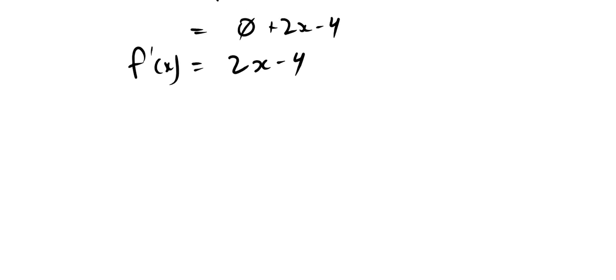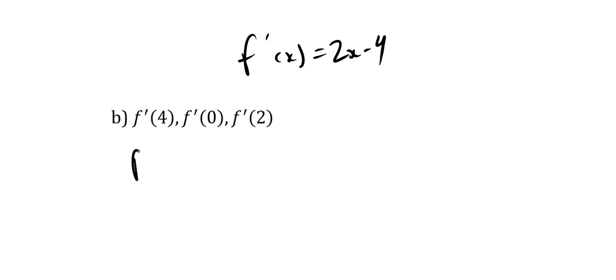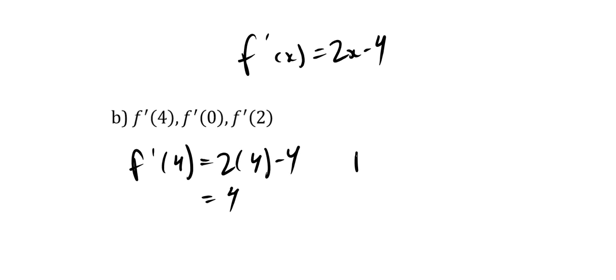Okay, so f prime of x was 2x minus 4. So f prime at 4 is 2 times 4 minus 4, 8 minus 4, so 4. f prime at 0 is 2 times 0 minus 4.